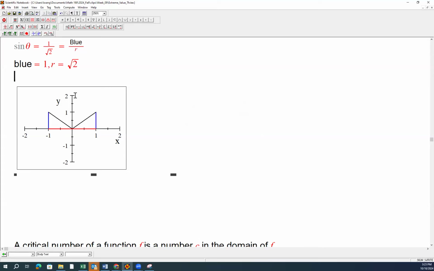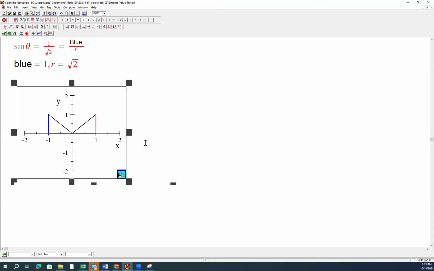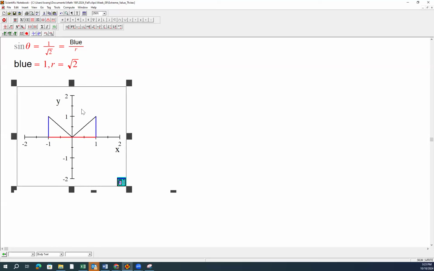So how many angles are there? We have 1 terminal here, another terminal there. Let's try to figure out what the angle is. Maybe we can figure out this angle. In fact, we can find the red.